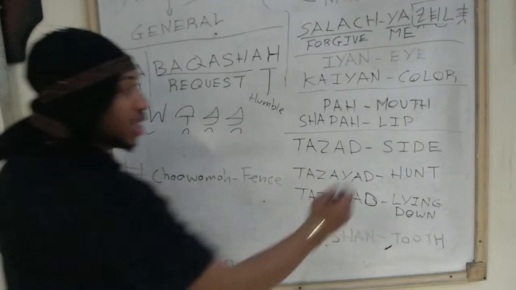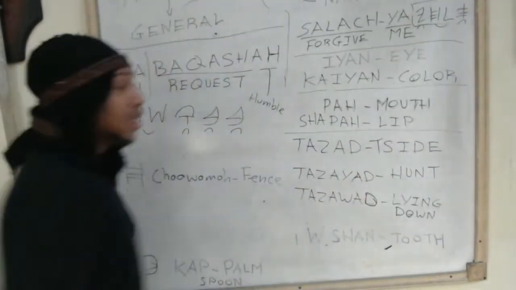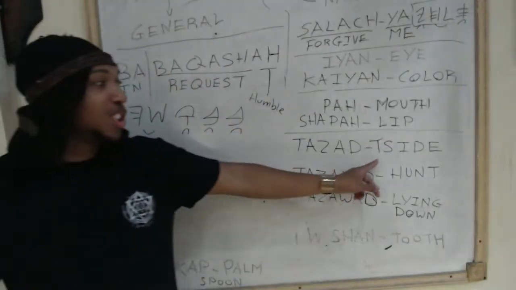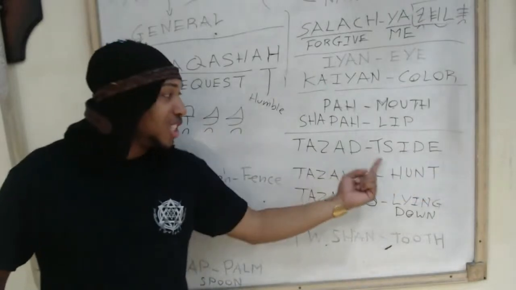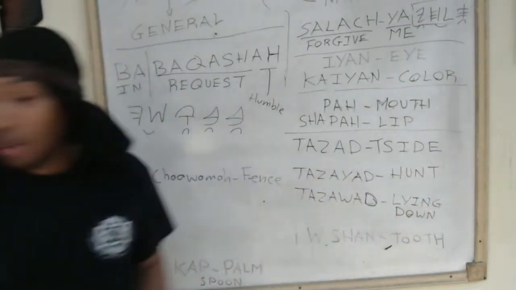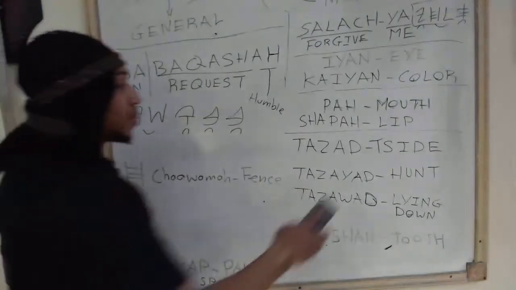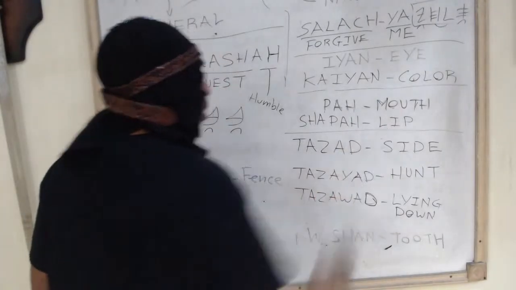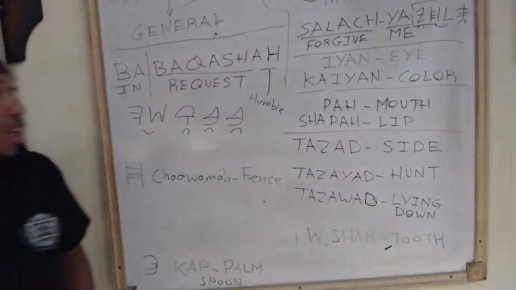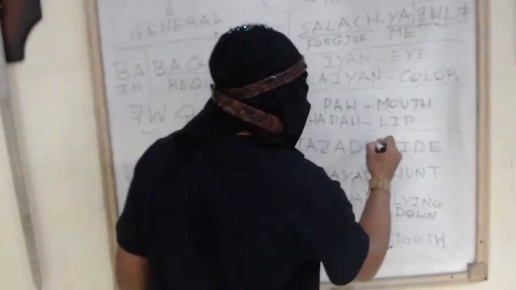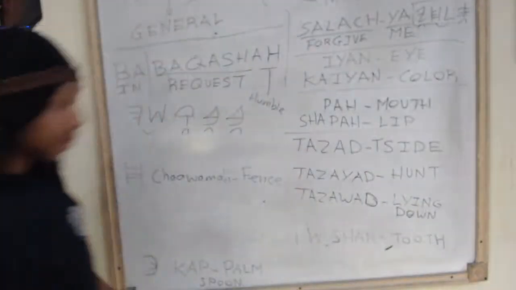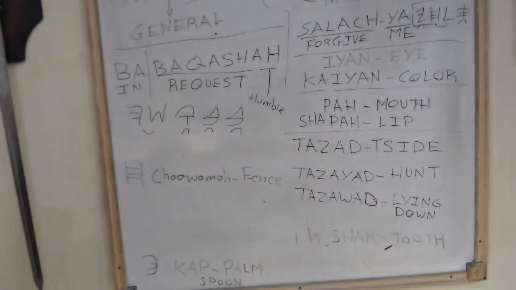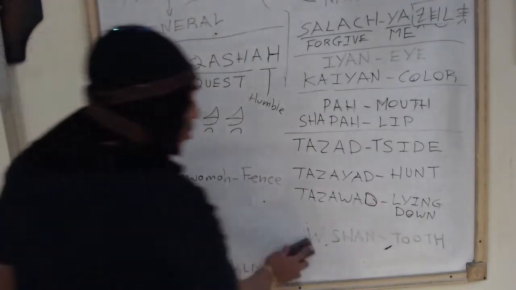Just imagine putting a T right here. Side. He's on his side. Same thing. Good. I'm going to leave that T there because that might help us remember. It's good to remember Hebrew words.